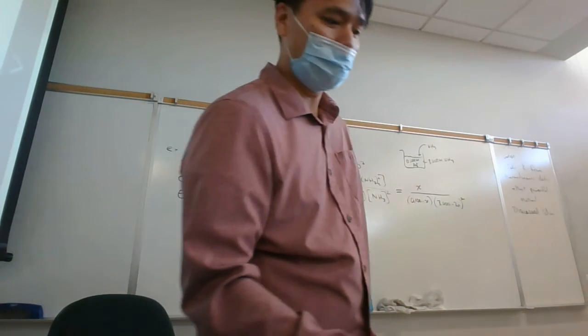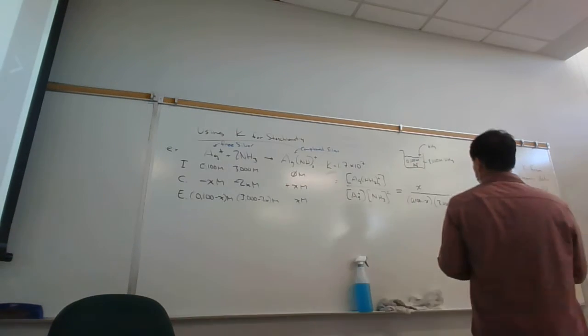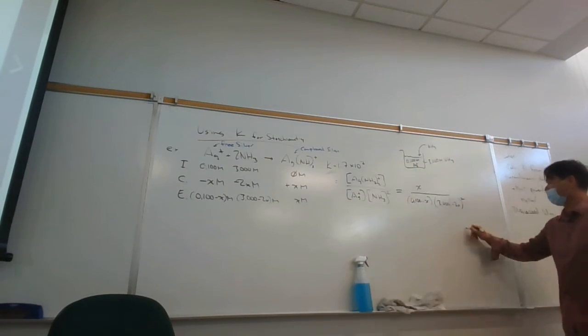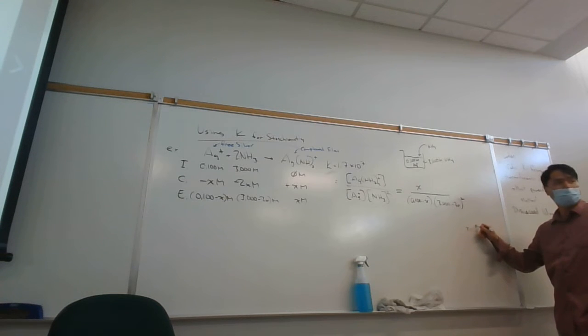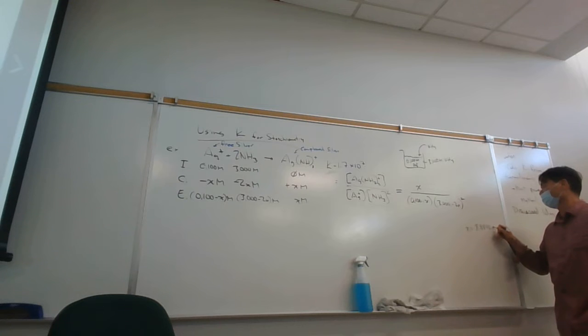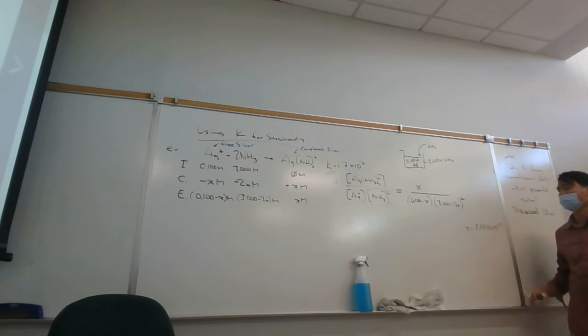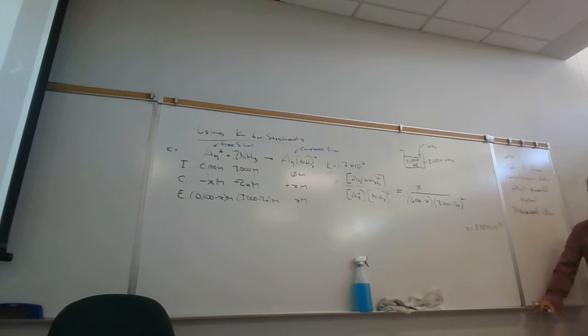Okay. So you got x is equal to 8.8846 times 10 to the negative 2. Okay, we can take a look at this one in just a minute.